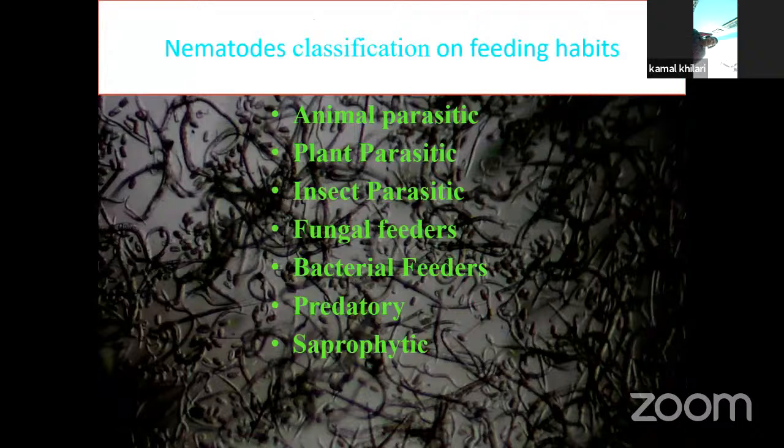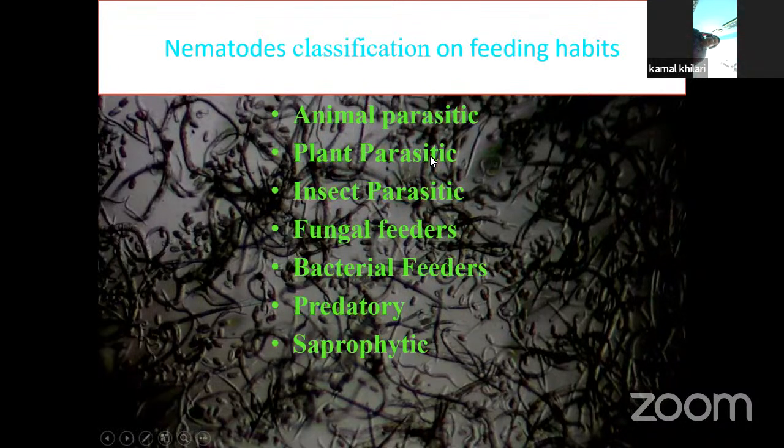If we classify on the basis of feeding habit, how and where they feed, nematodes can be classified into these categories. Number one is animal parasitic nematodes. They parasitize human beings, for example ascaris, pinworm, and elephantiasis-causing nematodes. Second is plant parasitic.